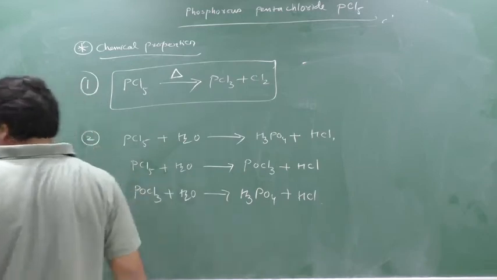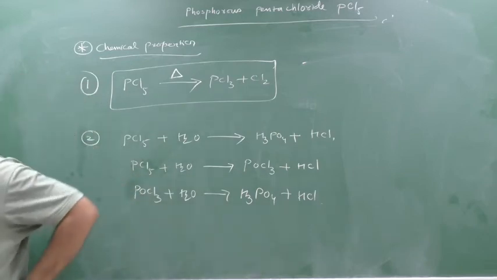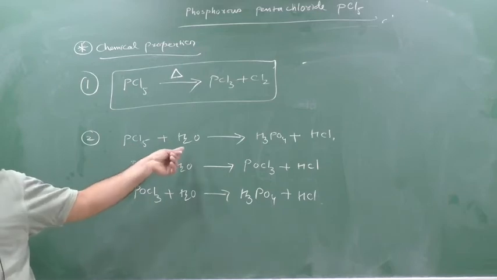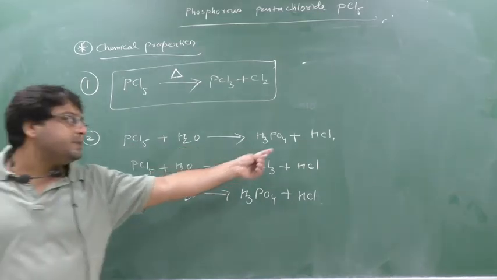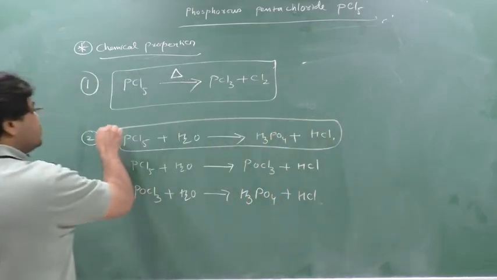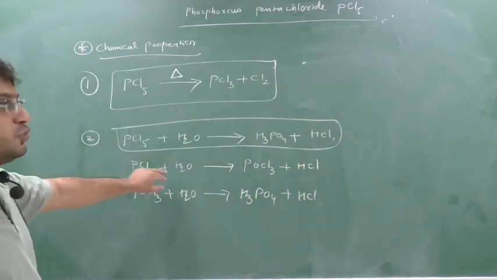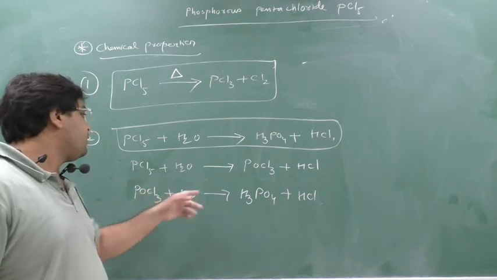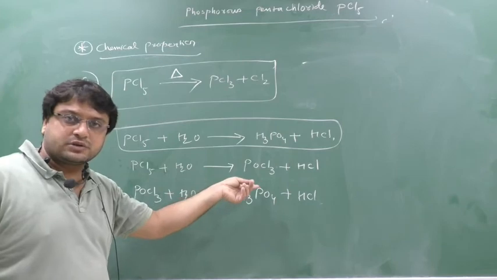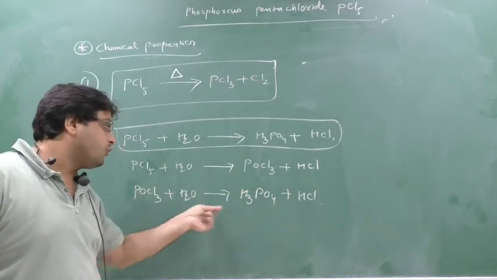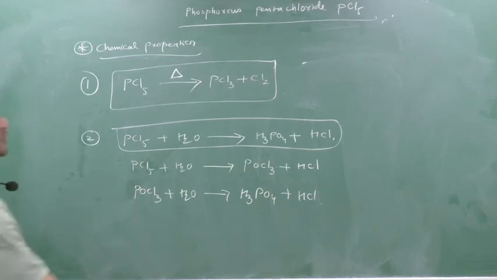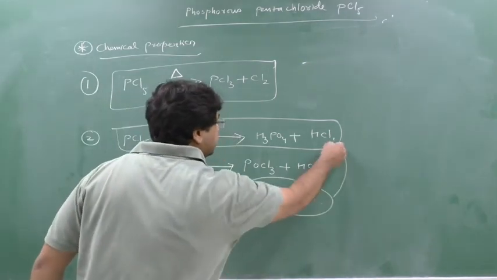So in this way a two-step reaction takes place. Clear? Please remember this. When PCl5 reacts with water, it will not directly form H3PO4 and HCl. First PCl5 reacts with moisture present in the air and forms POCl3, phosphorus oxychloride, and HCl. Now that phosphorus oxychloride reacts with further water to form H3PO4 and HCl. The final products are these only. Clear?